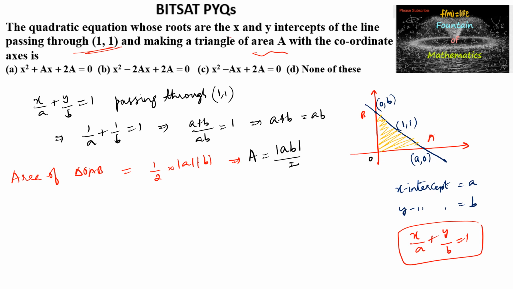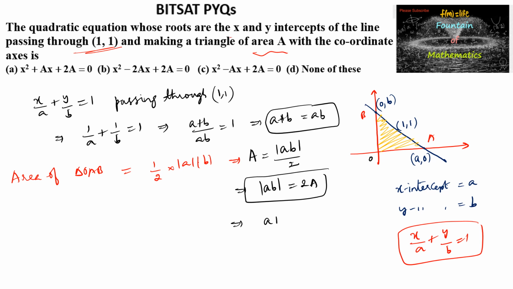And now we need to find the value a plus b. So ab is equal to a plus b, so we can write mod ab is equal to 2 times A. And from this relation we got a plus b is equal to ab. So mod of a plus b is also equal to 2A.